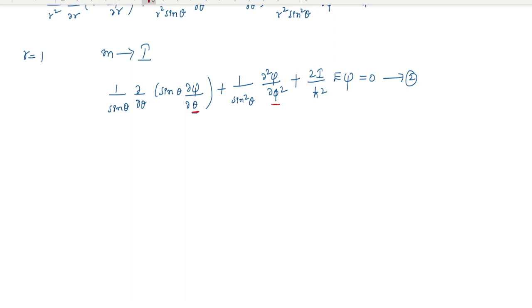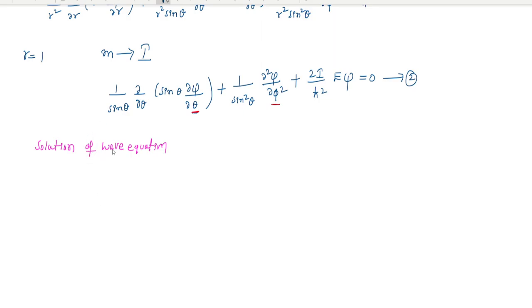So the solution of this wave equation, the eigenfunction for the rotator, equation number 2, may be solved by the method of separation of variables.